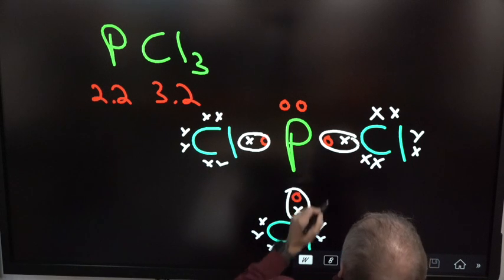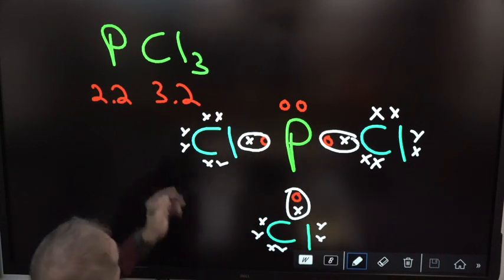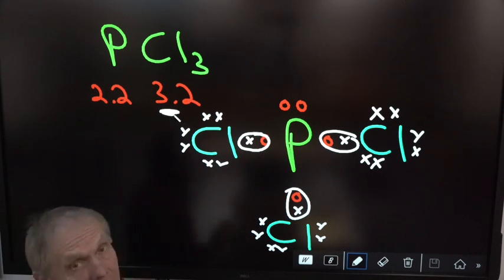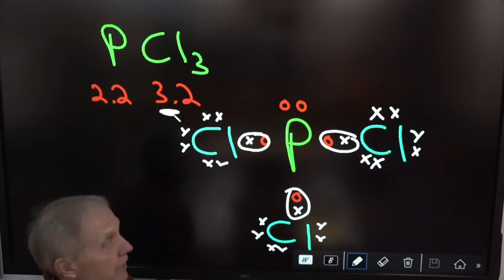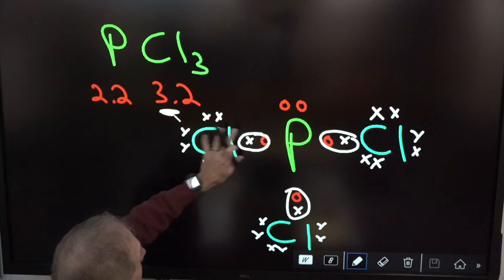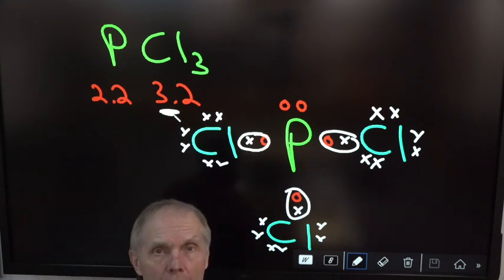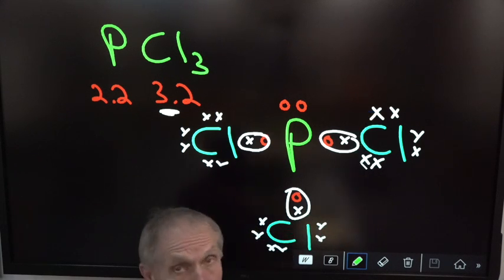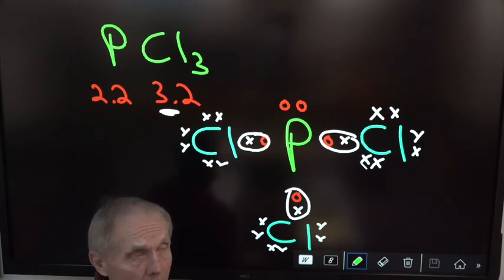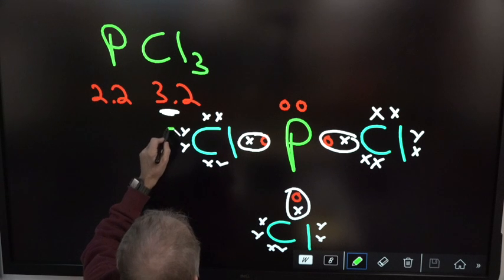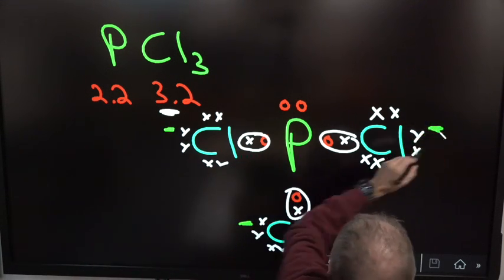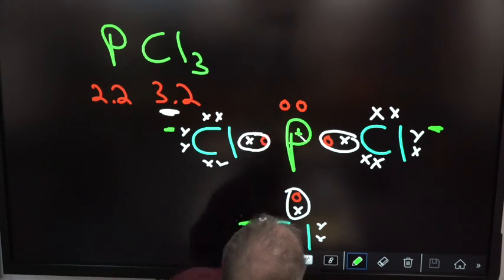There's my shared pair. Now, if you look at the electronegativities, Cl is pulling harder. So what that means is the pairs of electrons are closer to chlorine. And if the pairs of electrons are closer to chlorine, that means the chlorines are slightly negative. And the P is slightly positive.